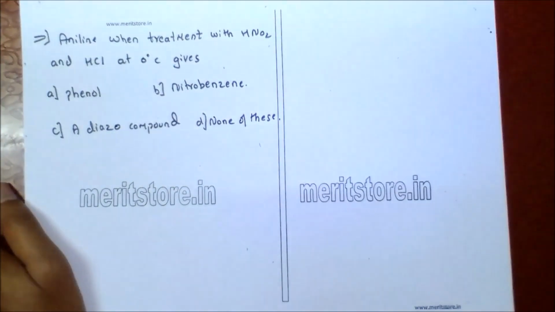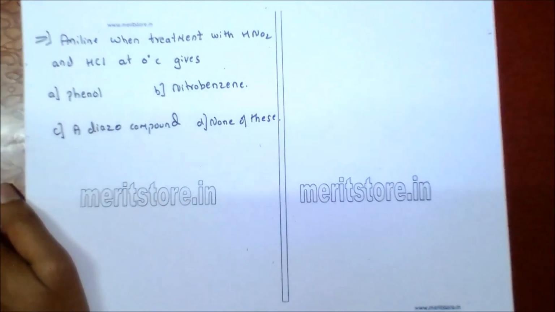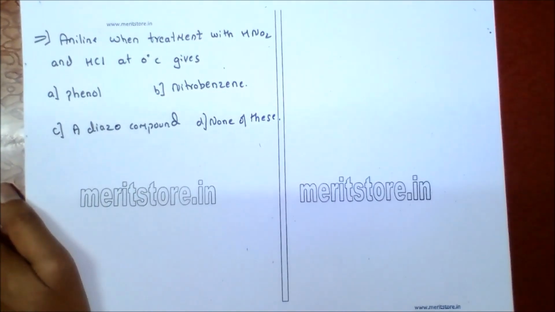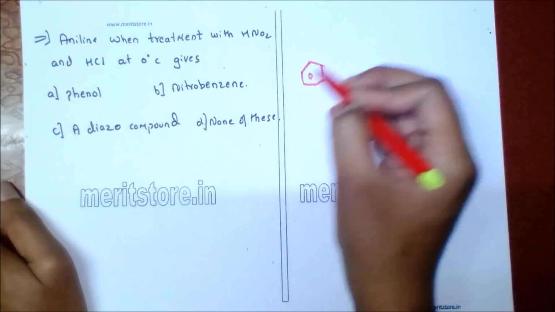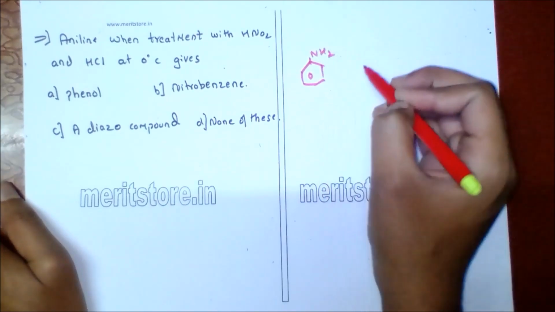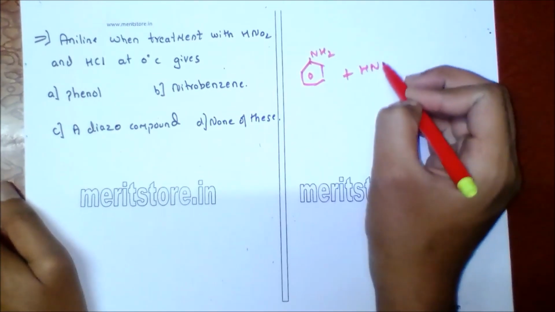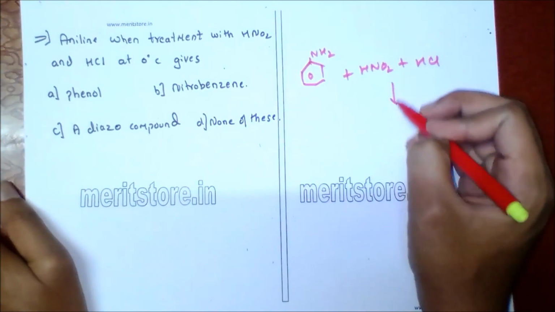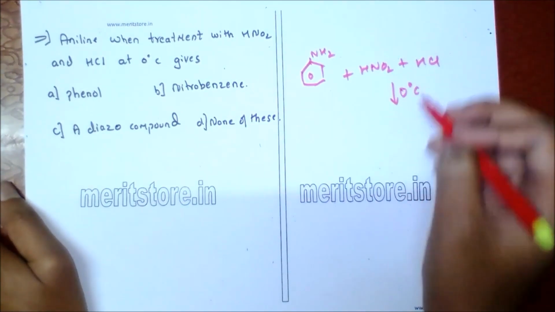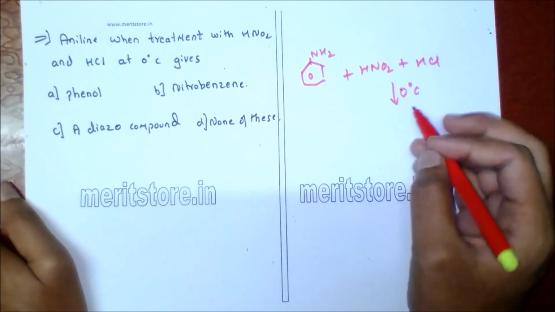Aniline, when treated with HNO2, that is nitrous acid, and HCl at 0 degrees Celsius gives: A. Phenol, B. Nitrobenzene, C. A diazo compound, D. None of these. So when aniline reacts with HNO2 plus HCl, diazotization takes place at 0 degrees Celsius to give benzene diazonium chloride.